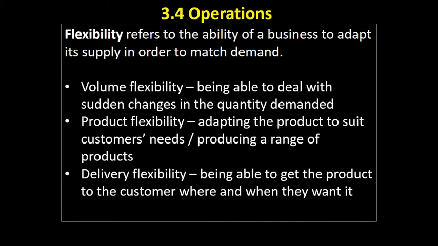A business may also be flexible in its delivery. Is a business able to get the product to where the customer wants it at the time that they want it? If the customer orders a product, how long is it going to take to deliver, and is that going to satisfy the customer's needs?